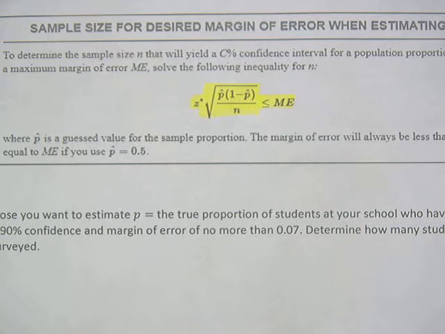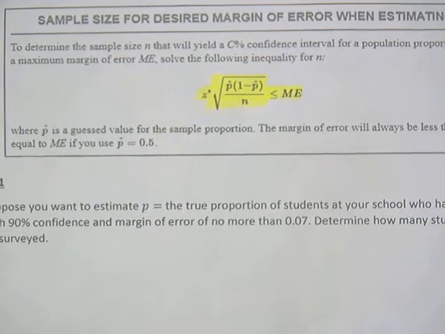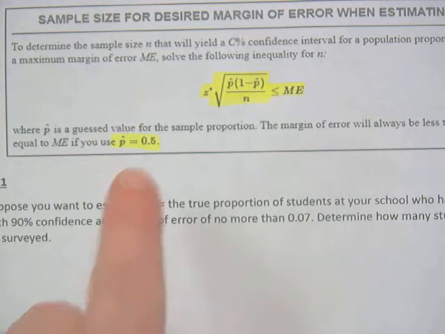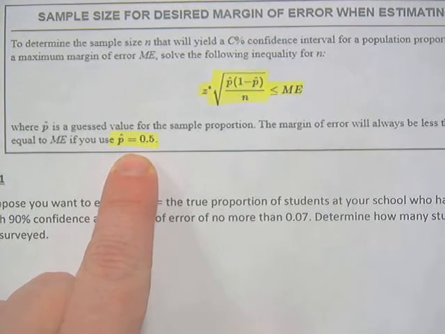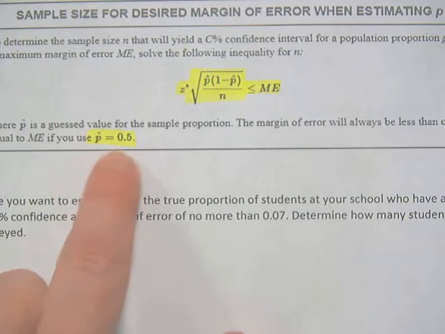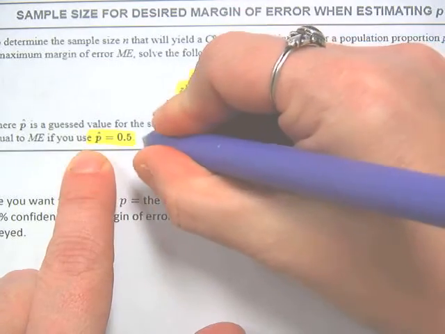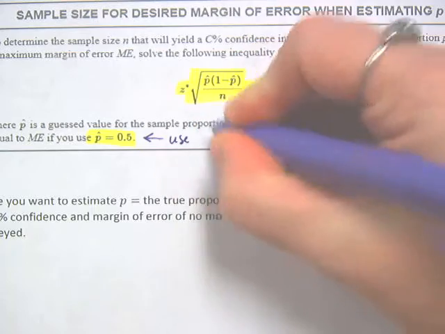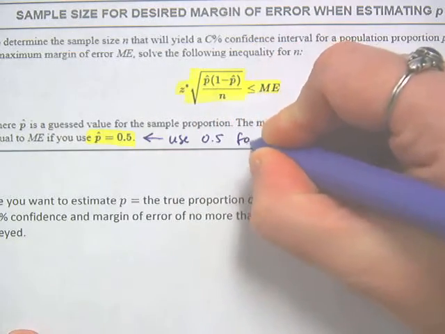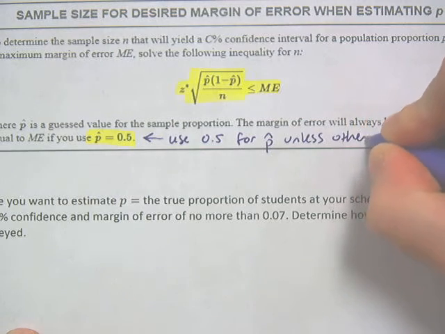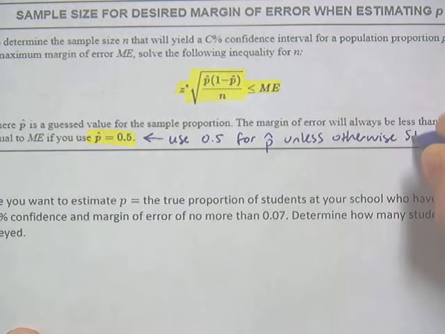Something else that you need to highlight in that box that doesn't seem very significant because it's not big, but it is hugely important, is right here. If you do not see in the word problem a specific number to use for p hat, then you will use 0.5. Use 0.5 for p hat unless otherwise stated.